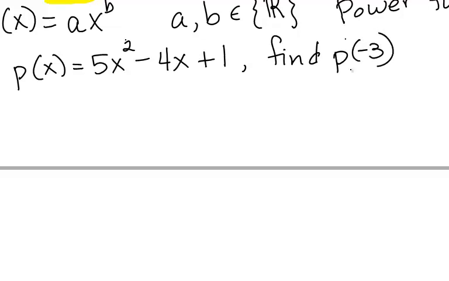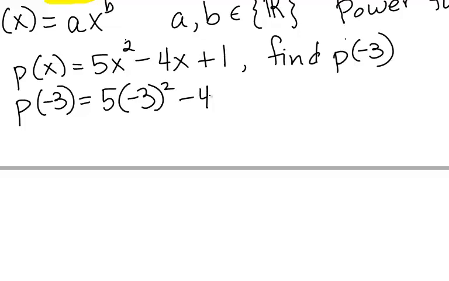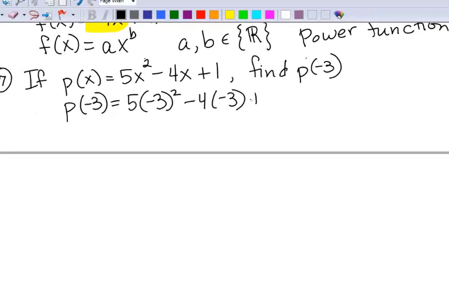That just means in that polynomial function, everywhere you see an x, sub in negative 3. So you're going to put negative 3 in, and then you have to do the order of operations. Sub negative 3 in everywhere.